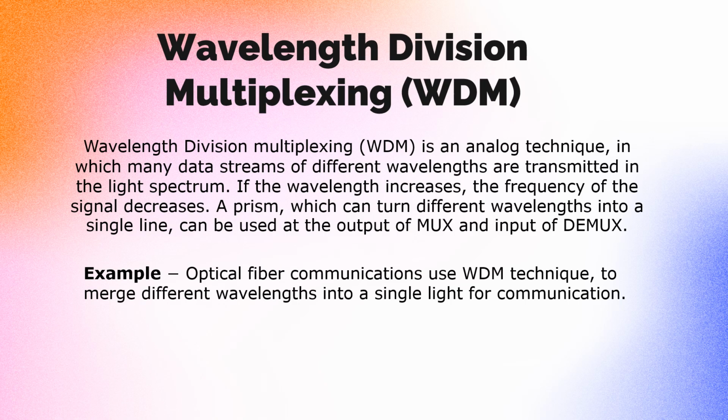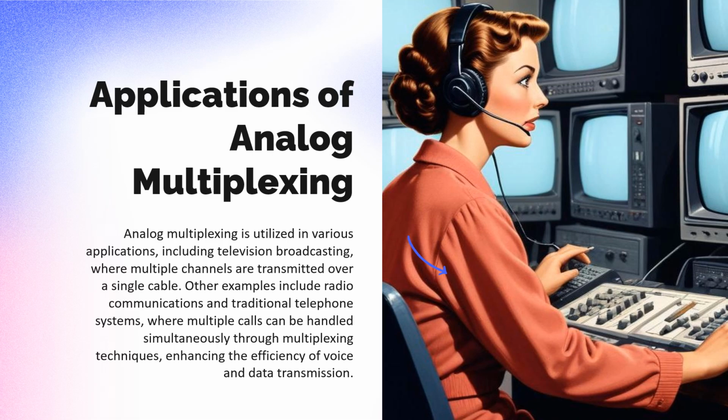The example is optical fiber communication, which uses the WDM technique to merge different wavelengths into a single light for communication. So optical fiber is the greatest example of wavelength division multiplexing. In our houses we all use JioFiber, JioNet, and there optical fibers are used where WDM is used. Next we have applications of analog multiplexing.